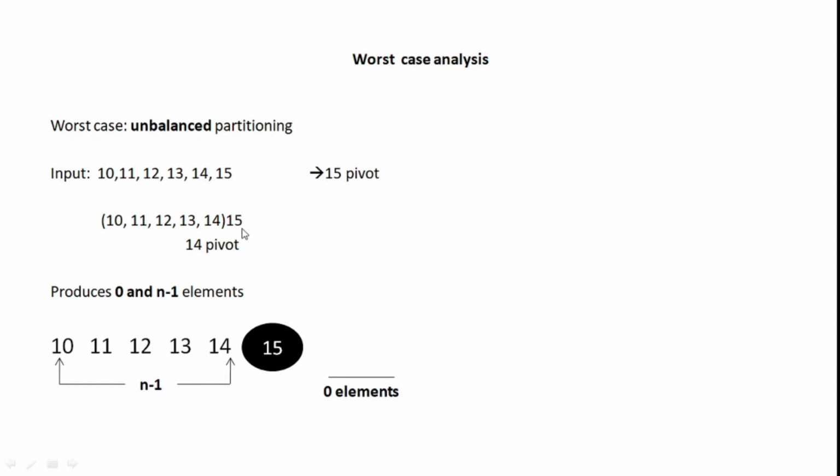Since we don't have any elements to the right of 15, we have 0 elements here, and n-1 elements here, because 15 is already sorted and we are not going to touch it. So we have 0 elements on the right side and n minus 1 elements on the left side.